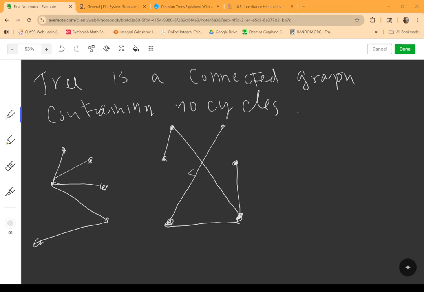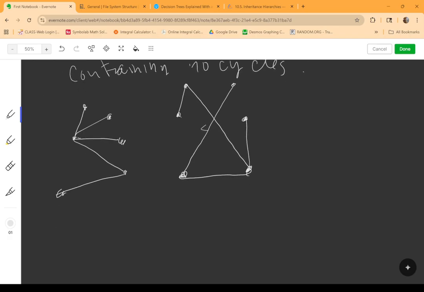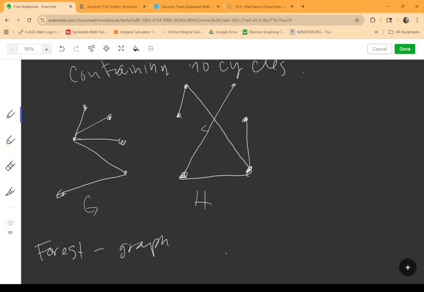All right. Now there's also something that we call a forest. A forest is a graph containing no cycles. So it essentially strips out this idea of connected.